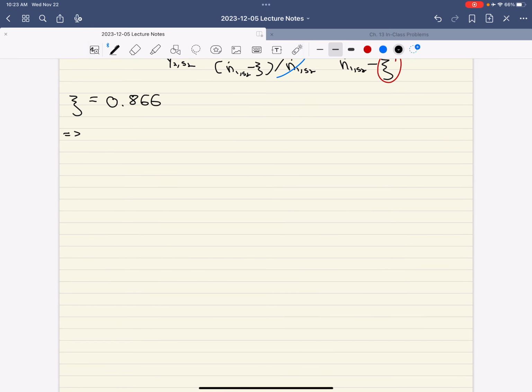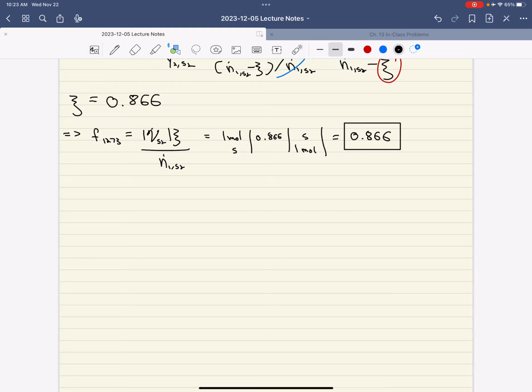We could then calculate the fractional conversion, which is still just equal to this. 1 mole per second, 0.866 divided by 1 mole per second. We get that the fractional conversion has now decreased as we increase temperature.